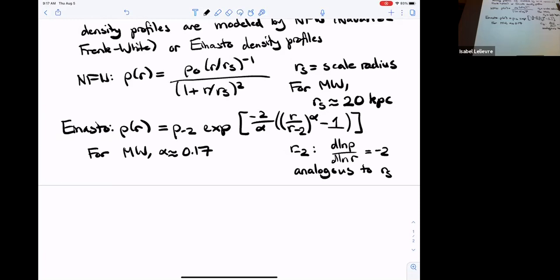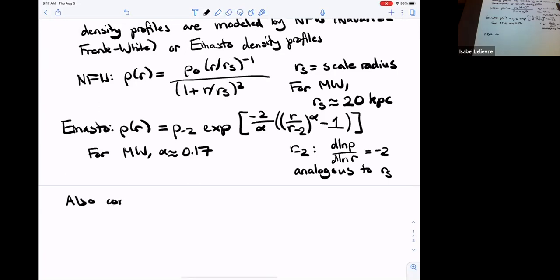Because if we have one of these cuspy profiles, the galactic center is a great place to look and to potentially find a signal. But you have to be aware that there's this large systematic uncertainty in signal prediction. So because we know that the baryons may be altering the distribution fairly significantly, people also often consider cored profiles where the density flattens out within some radius towards the galactic center.